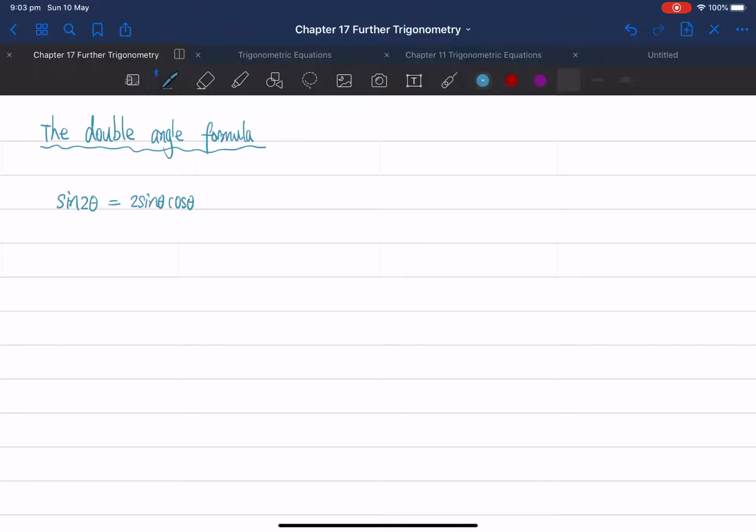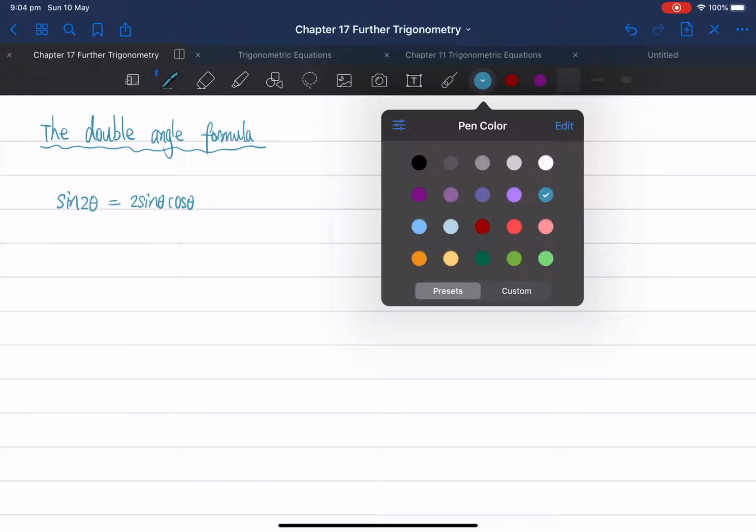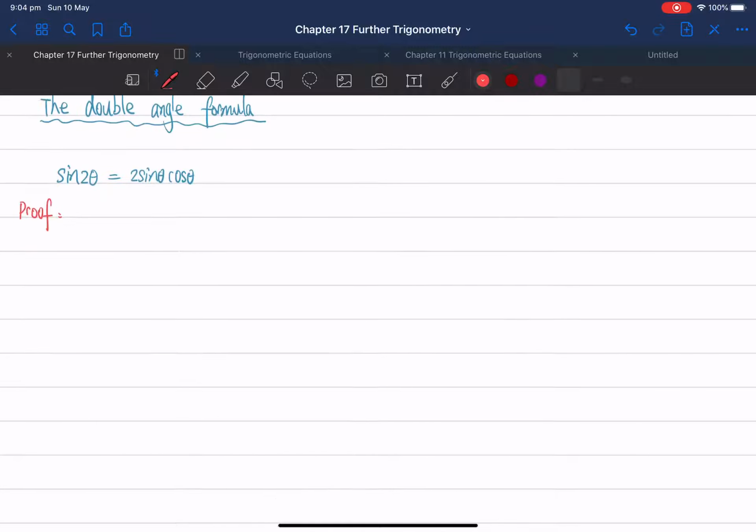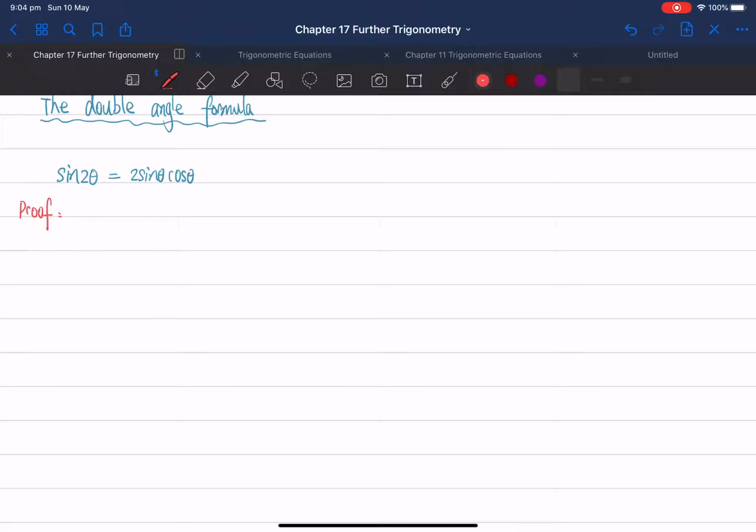All right, so how do we prove it? What's the reason behind it? Let me just prove it for you. Starting from the compound angle formula, sine alpha plus beta is equal to sine alpha cosine beta plus cosine alpha sine beta.